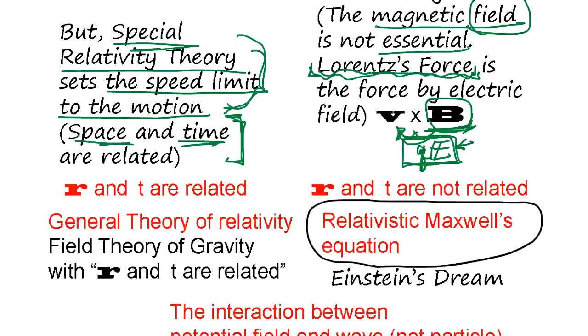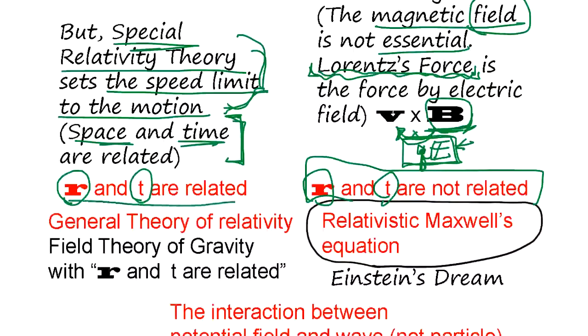In Maxwell's equation, R and T are not related. Still, they are independent variables. But by Einstein, R and T are related. So this has nothing to do with gravity. It's a space-time relationship. So we have to be able to combine this together with Maxwell.